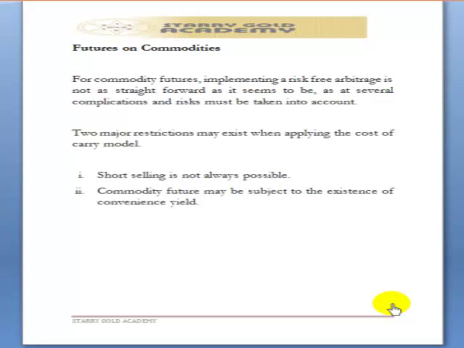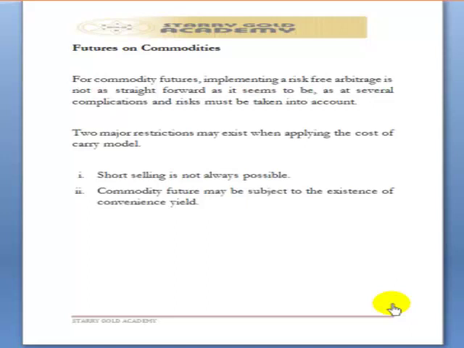There are two major things that need to be considered when applying the cost of carry model. The first is short selling, which is not always possible in futures on commodity. And the second restriction is that the commodity future may be subject to the existence of a convenience yield. Those are the two things that make the arbitrage opportunity hard in the futures.